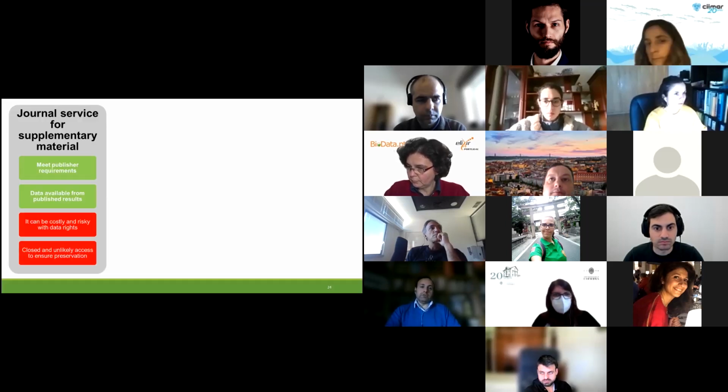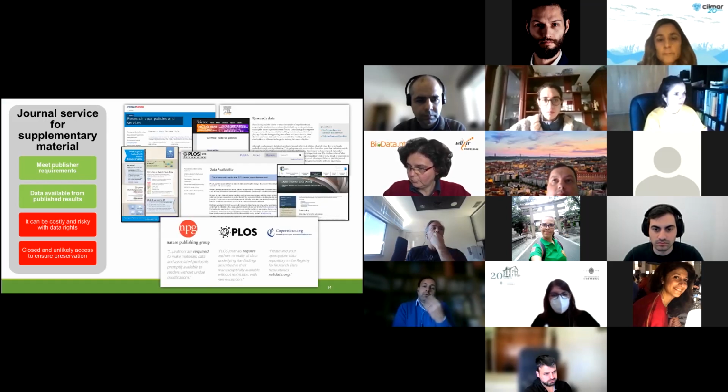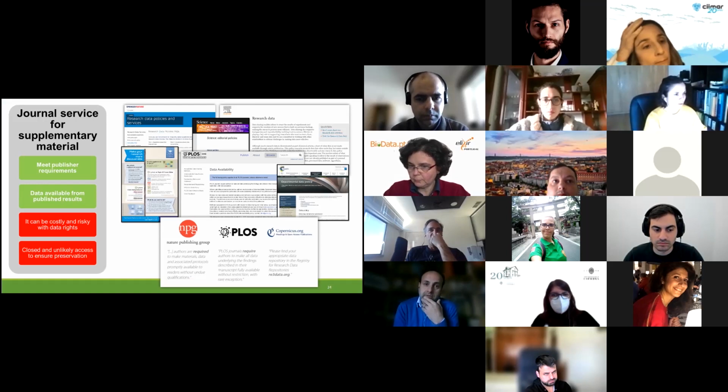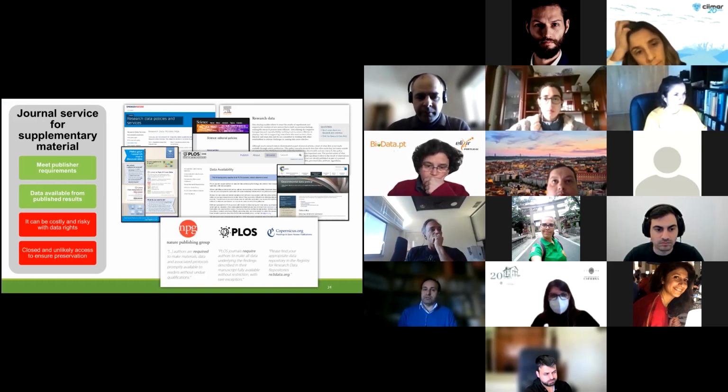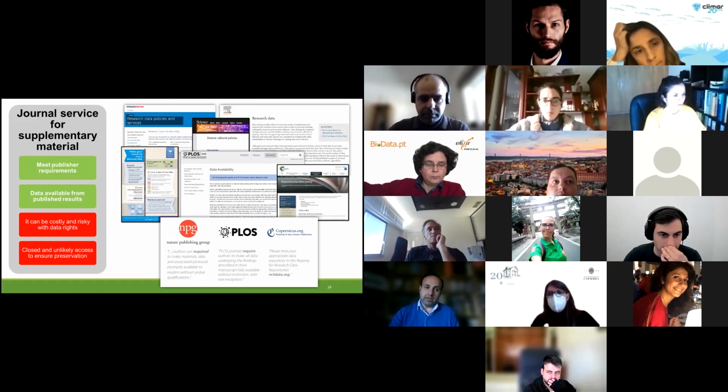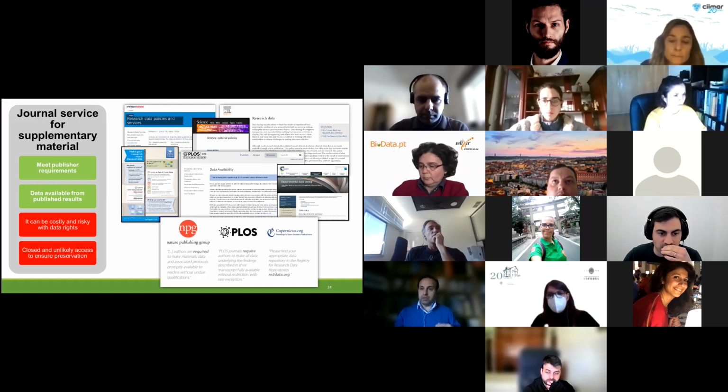Let's talk about journal services for supplementary material, this way of sharing data. Usually we are talking about the fact that publishers and editors have data availability policies, and within the presentation of these policies, they make suggestions of repositories, or they ask you to comply with a way to publish supplementary material.